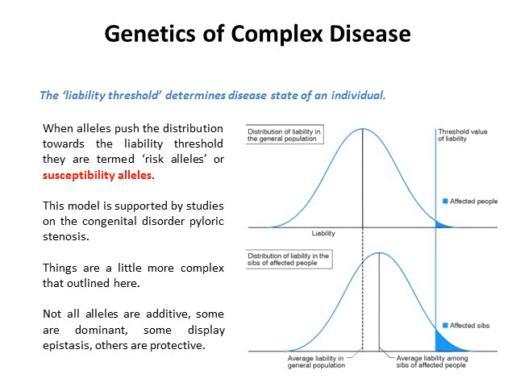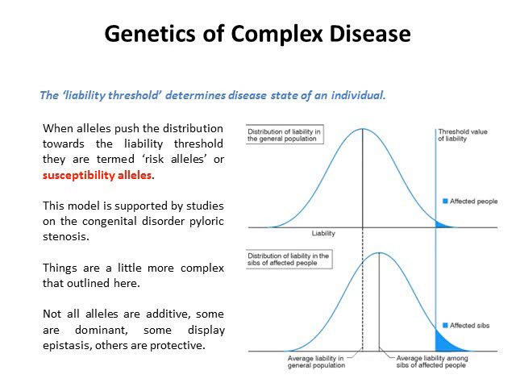Pyloric stenosis affects newborn babies and causes them to vomit violently due to some issue with the digestive tract. But the interesting thing about the disorder is that it's 5 times more likely to occur in boys than it is in girls.